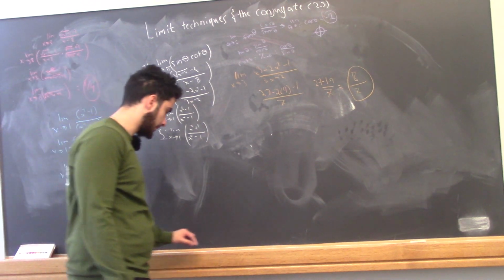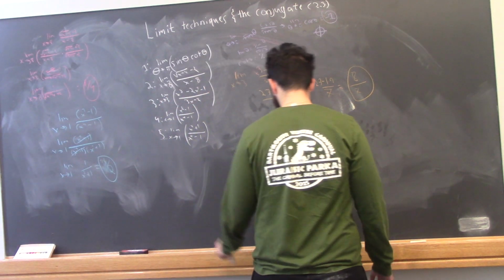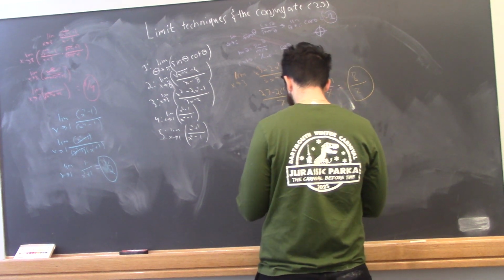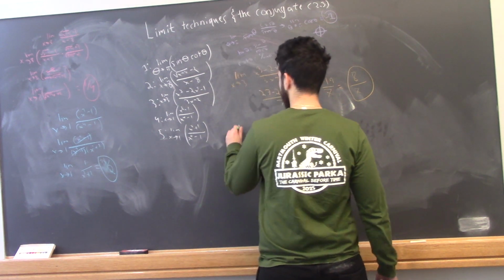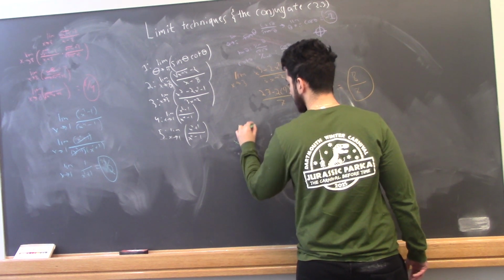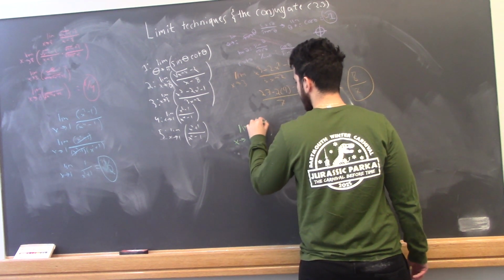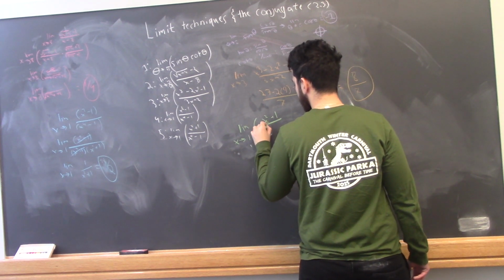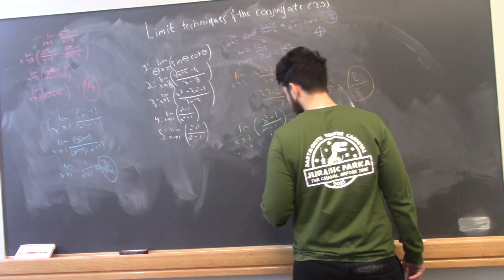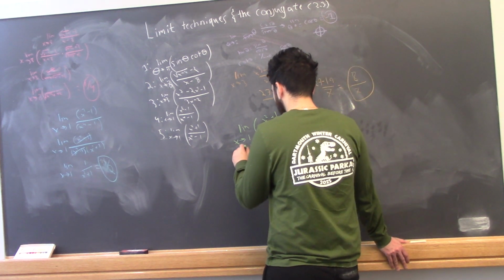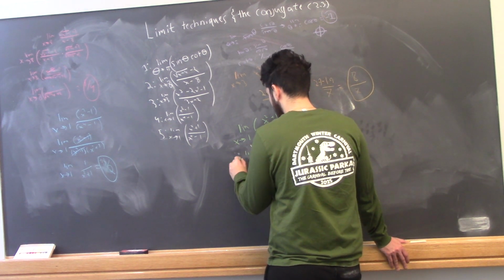Alright, and now, last but not least, we'll do green, right? Over here, we have the limit as x goes to 1 of x squared plus 1 over x to the 4th minus 1. So, again, same simplification on the bottom.